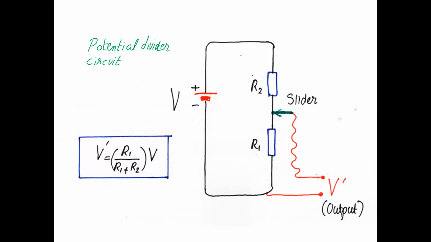This is a good question. Whatever the slider is covering would be the numerator, the resistance on the top. So if the slider is across R1, it will be the numerator. Whatever slider is holding will be the numerator.